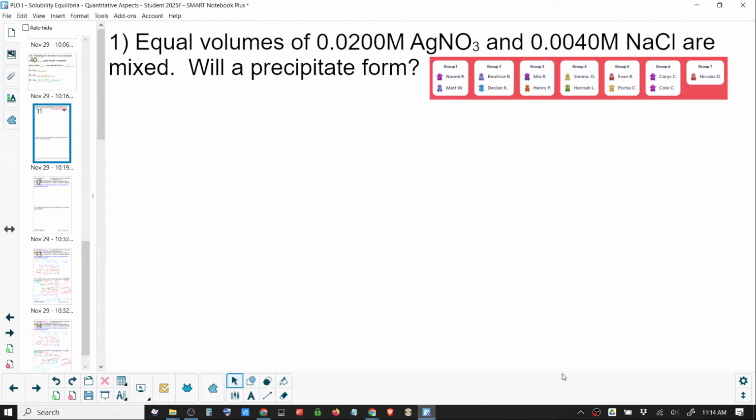From this, will a precipitate? Oh, okay. I have a weak shin. Matt and Evan, you don't look like your room.